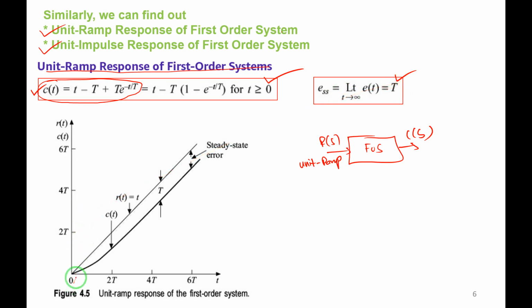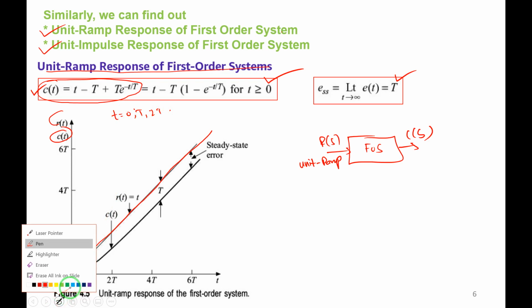You observe here this x-axis is time and this y-axis is, sorry, actually c(t), the response c(t). Then the unit ramp signal, this is the input. Then this equation, c(t) is equal to t minus T for t equal to 0, and for t equal to T, 2T. Just go on plotting, you will get this curve.